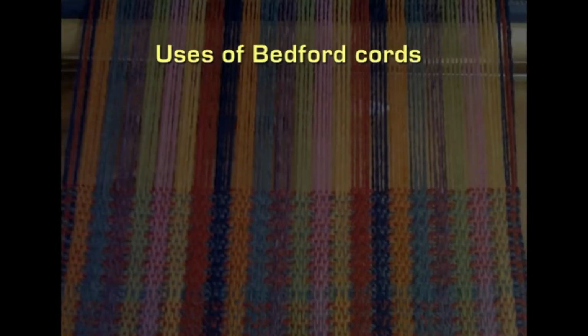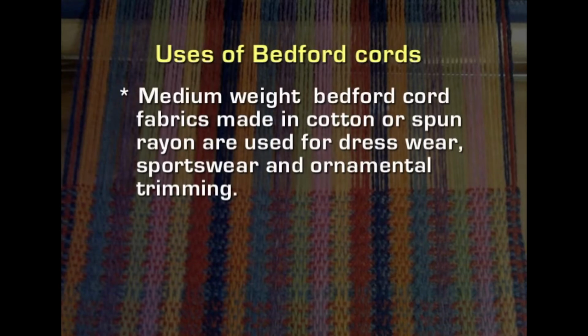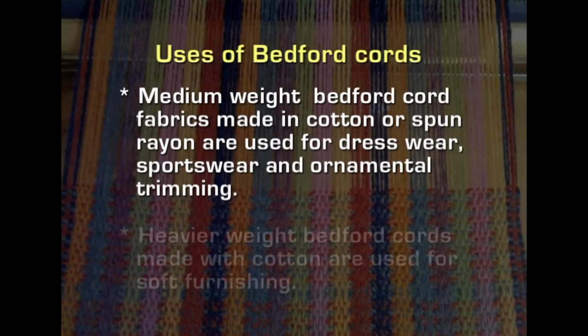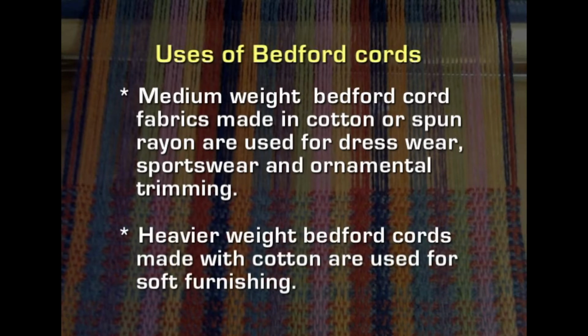Now, what are the uses of all these Bedford cord fabrics? Medium weight Bedford cord fabrics made in cotton or spun rayon are used for dress wear, for sportswear and for ornamental trimming. But the heavier weight Bedford cords made with cotton are used for soft furnishing.